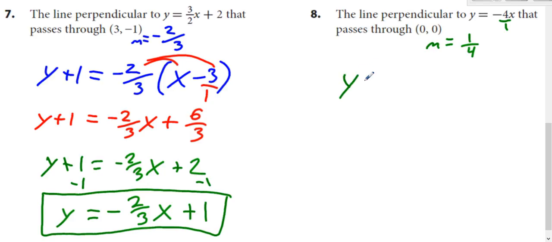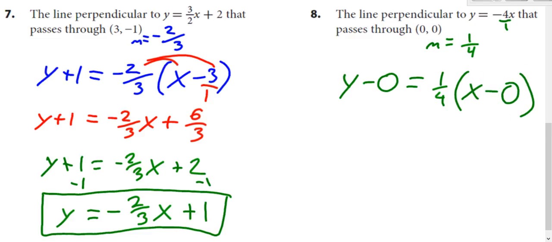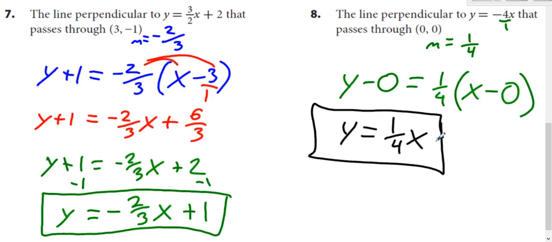And then plug it all into point slope. So y minus 0 equals 1/4, x minus the x coordinate, which is 0. Those zeros don't mean anything, so it's just y equals 1/4 x. That's our perpendicular line.